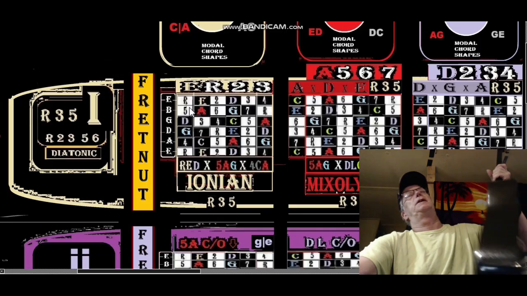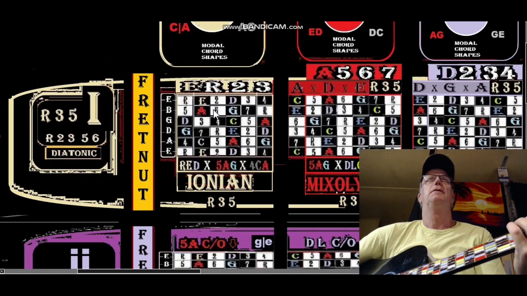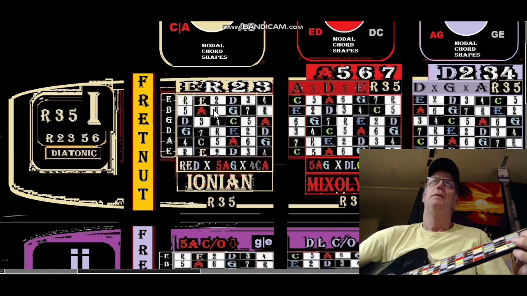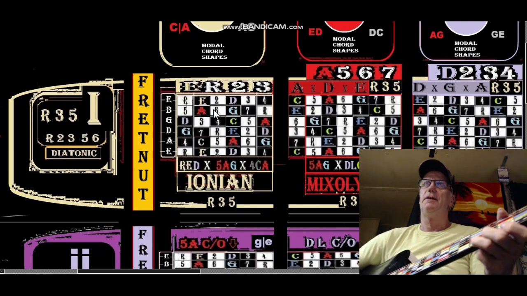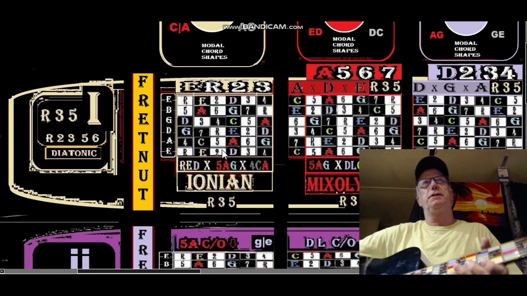And pentatonic would just be the 5, 6, and then root 2, 3. So that would be just like that. Otherwise, we'd be playing the entire D, that short D pentatonic.